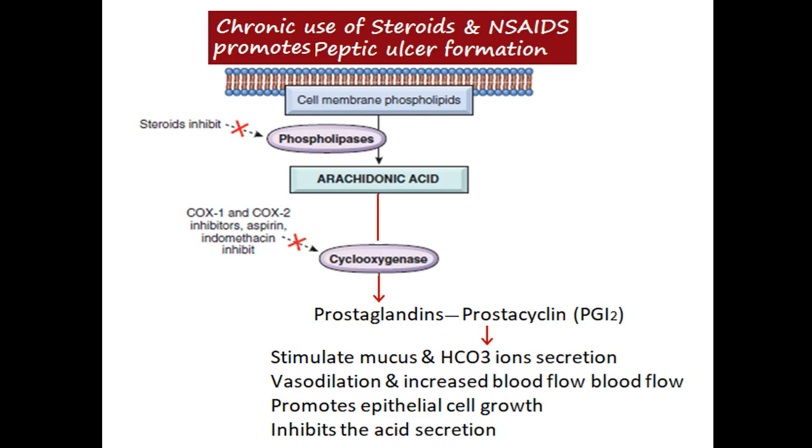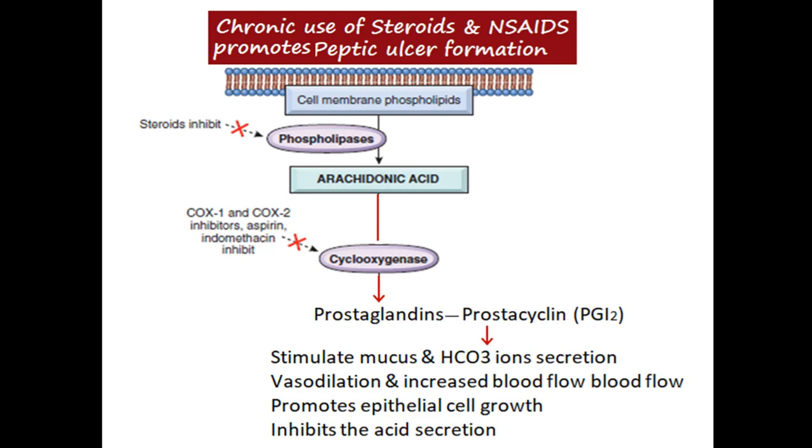The corticosteroids inhibit phospholipase and inhibit the arachidonic acid metabolite pathway at the root. And therefore, steroids are involved in the pathogenesis of peptic ulcer disease.